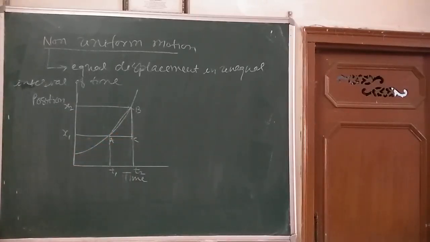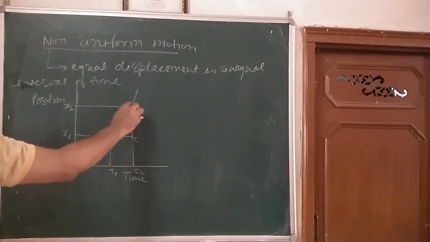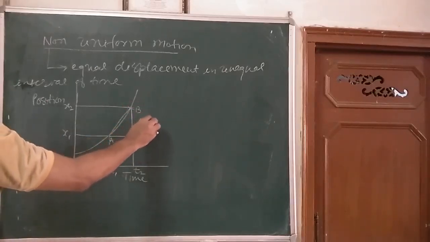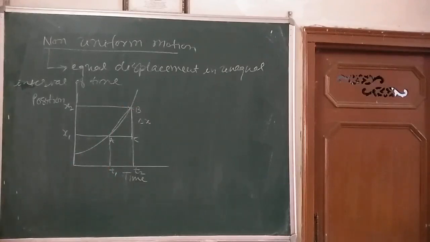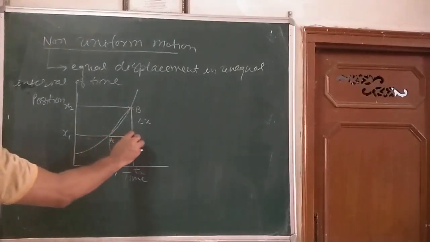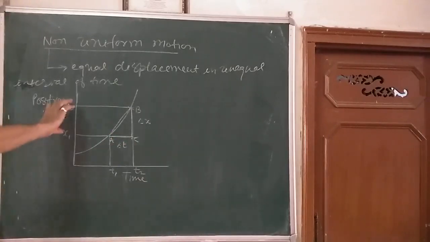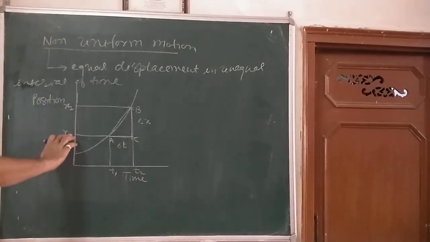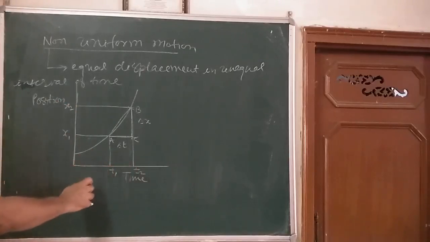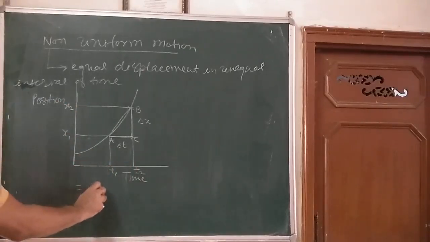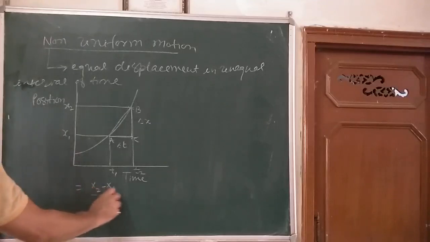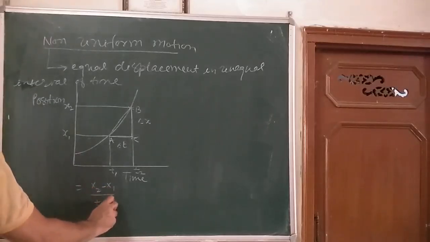Now from here to here, position changes by delta x, and here the time changes by delta t. So here you can see x2 minus x1 in an interval of time t2 minus t1. x2 minus x1 divided by t2 minus t1.